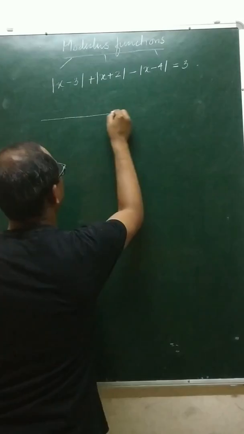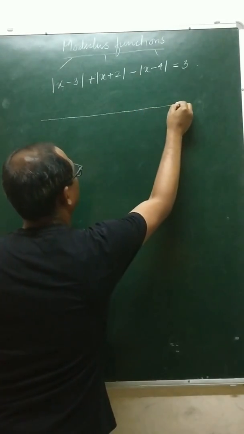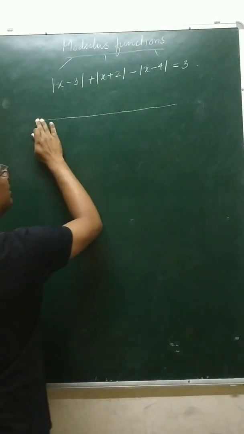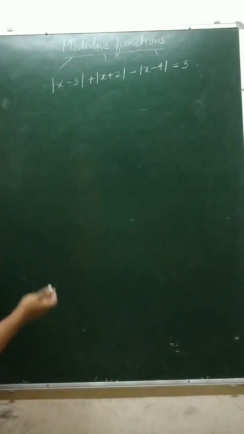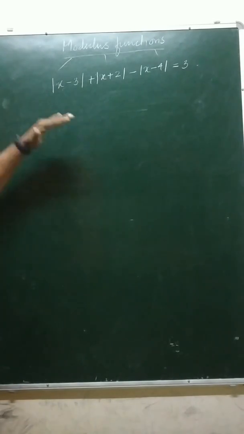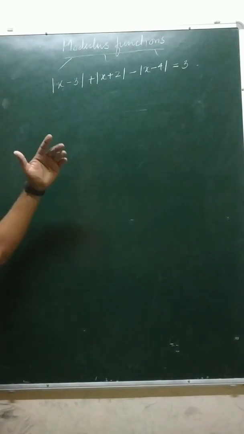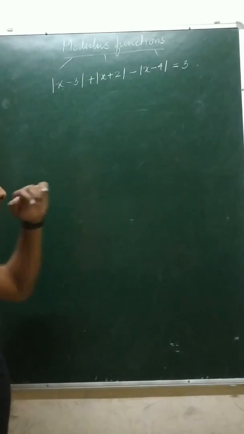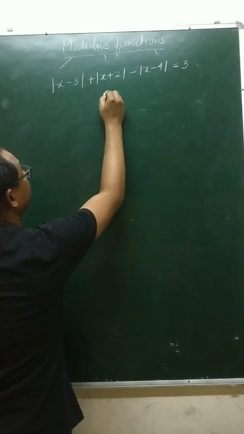It doesn't matter. So I am going to solve it graphically. Yeah, that is the best way of doing it. Of course, we need to know both the ways, algebraically by checking out the intervals as well as graphically, the BWM, wow method.